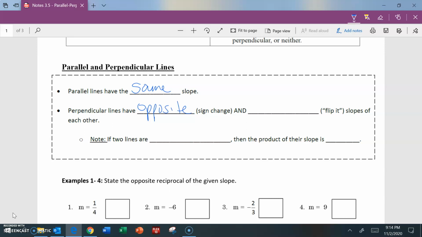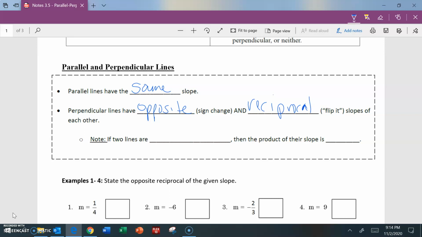So if one slope's positive to be reciprocal, the other one would have to be negative. That's what that means. And we say flip it. A lot of students say that, but it's reciprocal. So perpendicular lines have to have opposite reciprocal slopes of each other in order to be perpendicular.